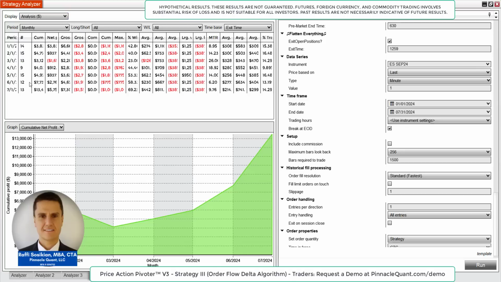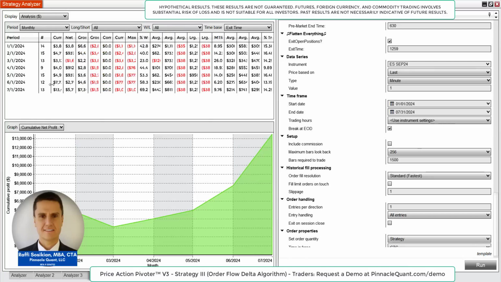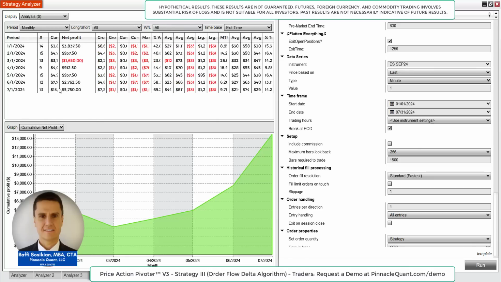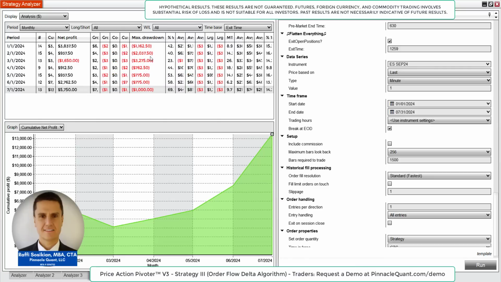But since we are just talking about the month of July, here is the month of July. Okay, right here. It had 13 trades versus 29 trades in the more aggressive strategy, the order flow strategy. But it had 13 trades, and these are the results. Let's give you some more data here. So that's the max drawdown.